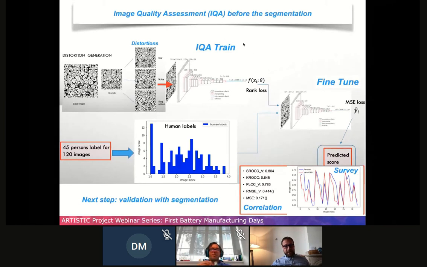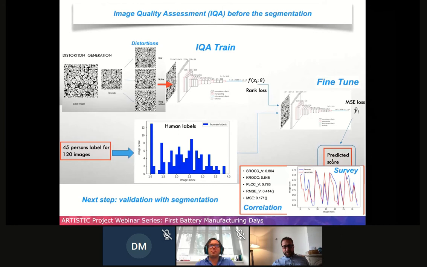And then we train with IQA, and we get a ranking, a rank loss at the end. Then we have a labeling by humans, and we refine the ranking of this image by comparison between the distortion we have, the IQA training and the human labeling.